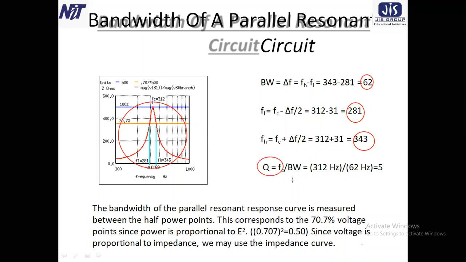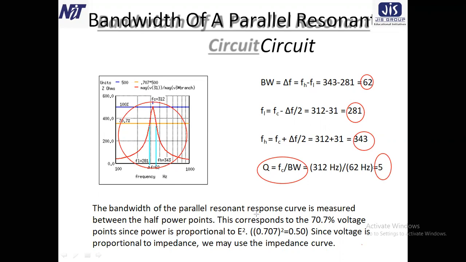Now the quality factor Q equals FC by bandwidth. FC is 312, the center frequency, divided by the bandwidth, which is calculated as 62. So the value of the quality factor will be 5.